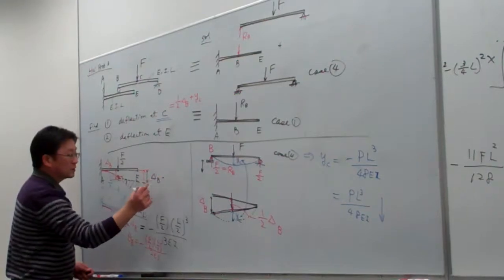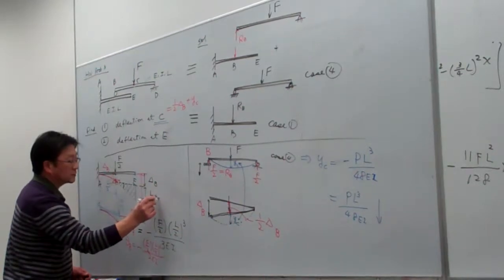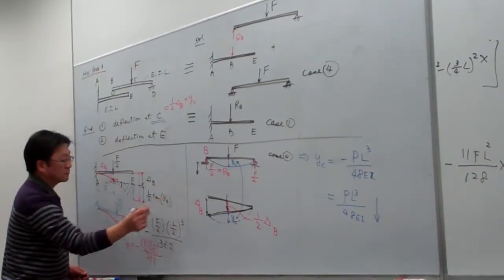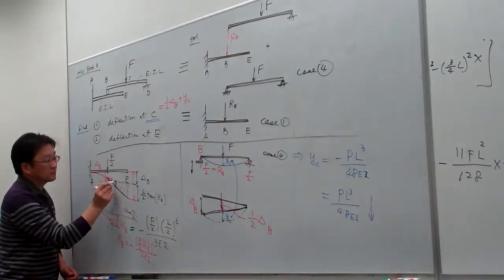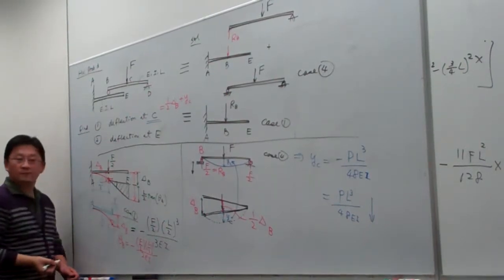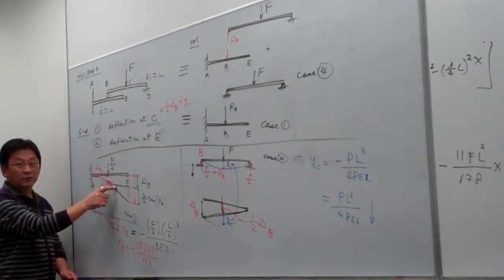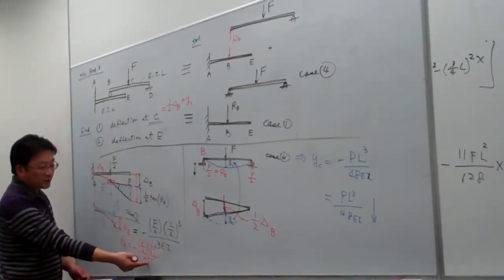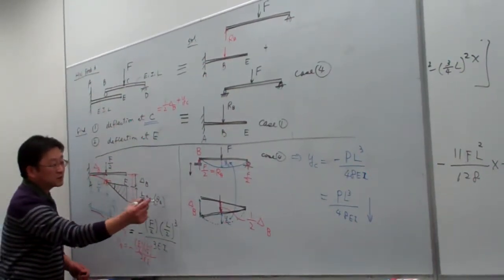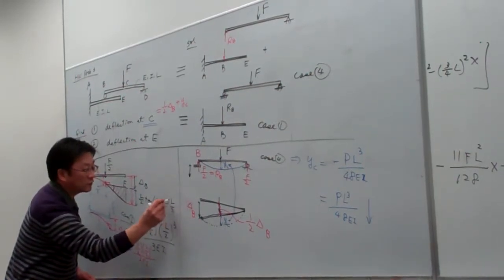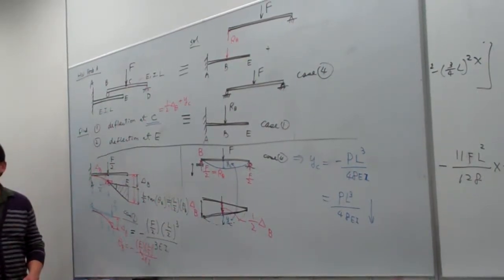So this part will be equal to L over 2 times tangent theta B. In general, theta is a very small number, and if you plug in the E and I, the denominator will be huge. So basically this can be approximated by L over 2 times theta B.